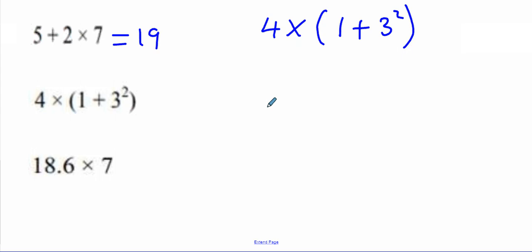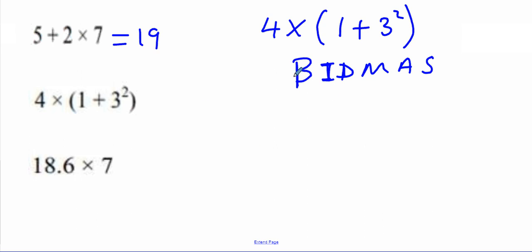Okay, now in here you can see some powers. So if you have got powers, what we do, we use BIDMAS. B stands for brackets, I stands for powers or indices, D stands for division, M stands for multiplication, A stands for addition, and lastly S stands for subtraction.